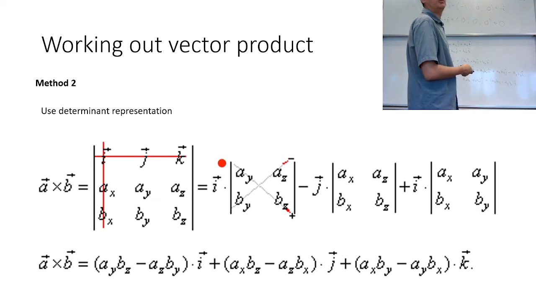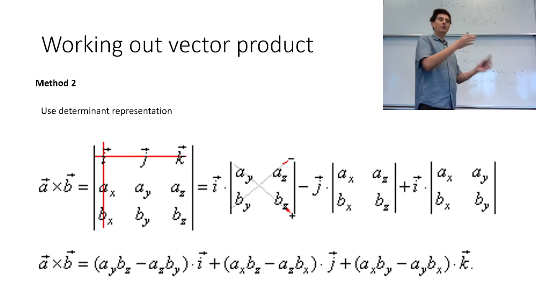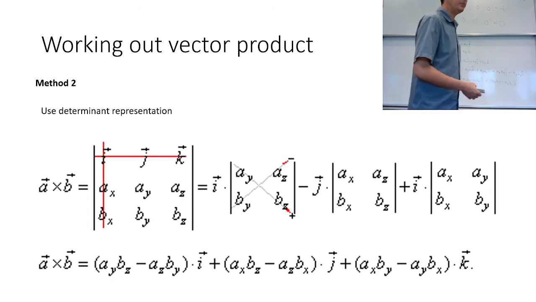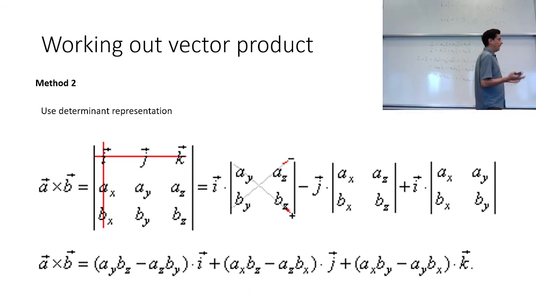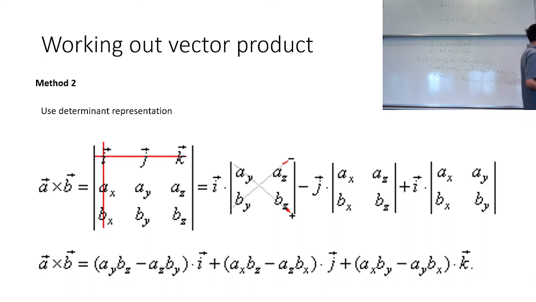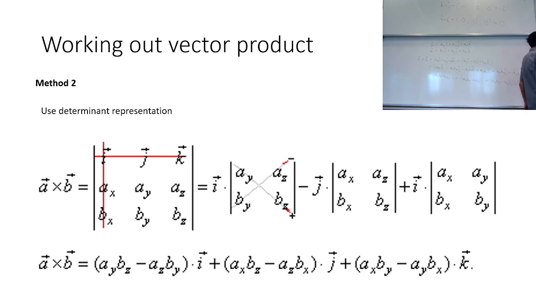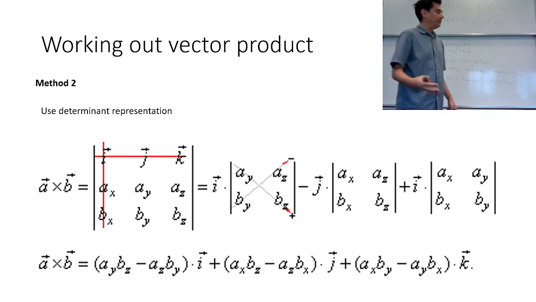And of course, you've got to get these orders right, because in this vector product, if you get the ordering wrong, then you'll be out by a minus sign. And then from there, you just calculate the determinant of this particular matrix. When you normally calculate the determinant of a matrix, it's just numbers, so you get a number at the end. In this case, because you have vectors in this first row, you will actually get a vector at the end.